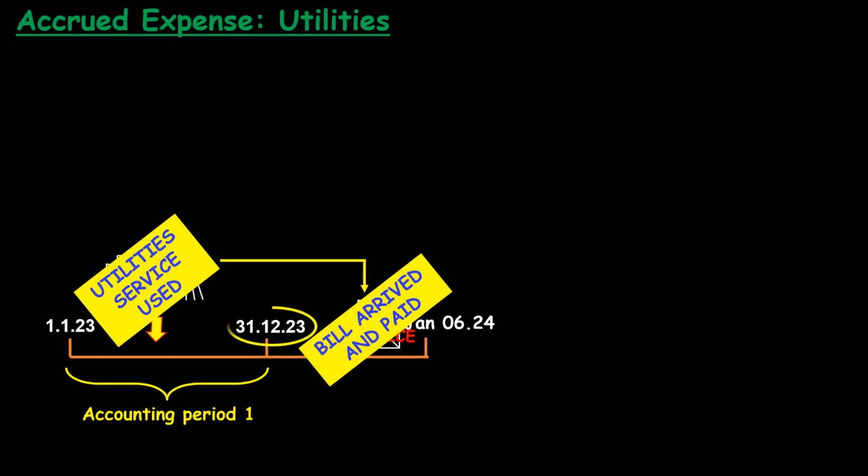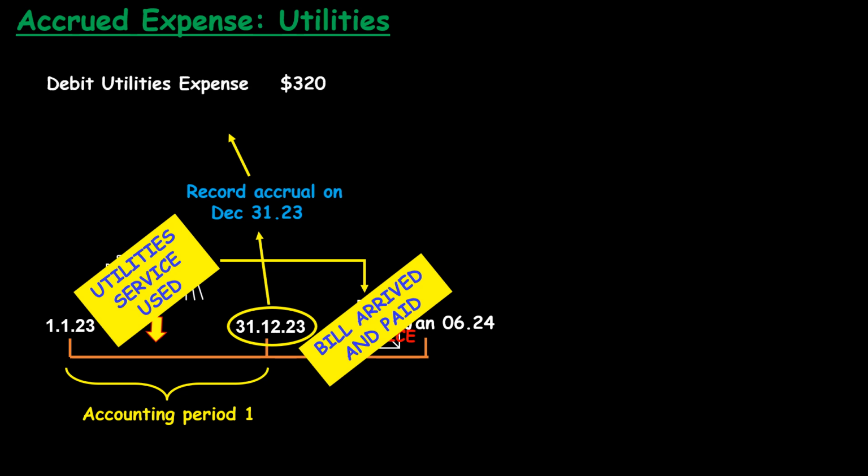So as at December 31st, we need to record an accrual. Since utilities was used, we are going to debit utilities expense with $320. And since we did not pay it on that particular date, it will be a liability with the word payables, and add to the payables the name of the service used, in this case utilities. So we will credit utilities payable.